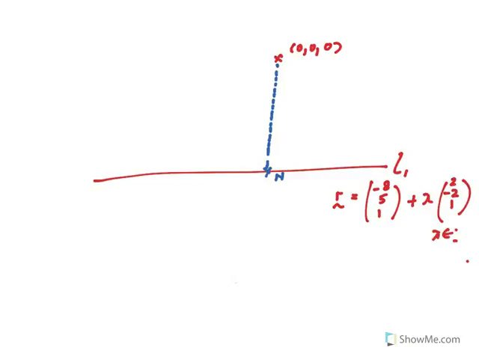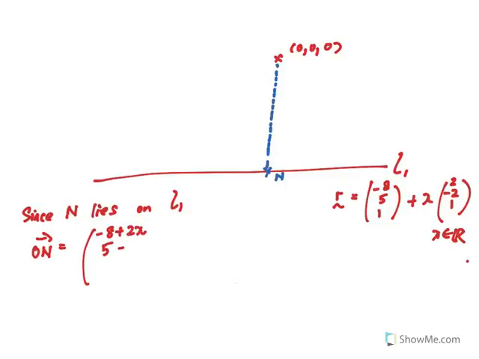So since N lies on L1, ON can be written as (-8 + 2 lambda, 5 - 2 lambda, 1 + lambda) for some lambda.